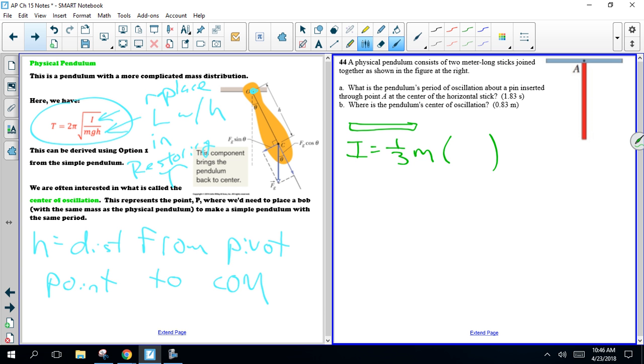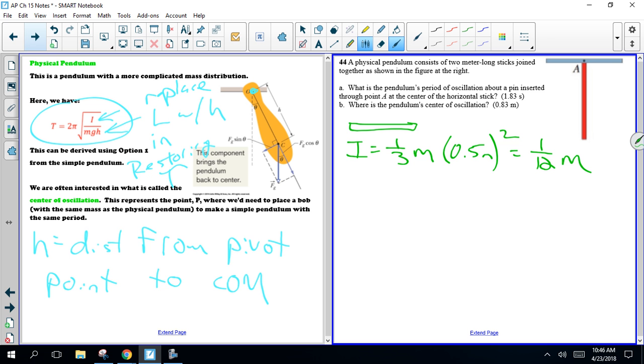So when your pivot point is at the center like this, it's 1/3 ml squared, where L is the length from the center. If you use the whole length, then it's 1/12. Okay? Cool? So that gives you 1/12 m, right? Because this is a fourth times a third, which is 1/12 times that.